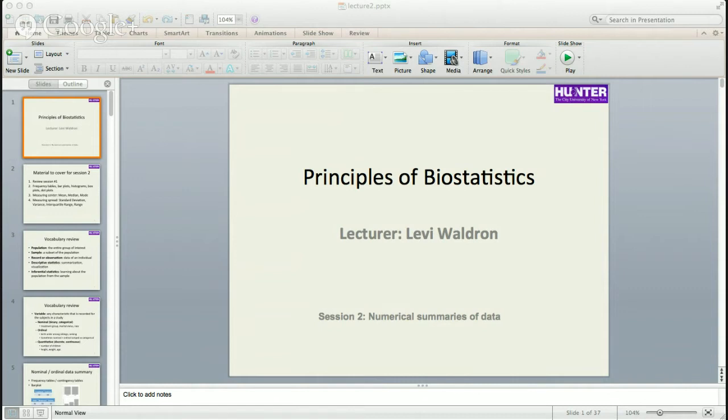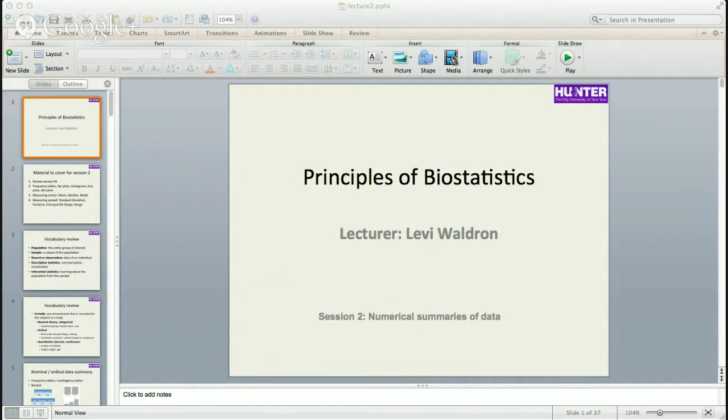Okay, so we're going to have another class of descriptive statistics today. Yesterday was just about some of the basic variable types and showing some plots of those. I'm going to show you some more graphing stuff today, and also numeric summaries. So all of this is under what we call descriptive statistics.